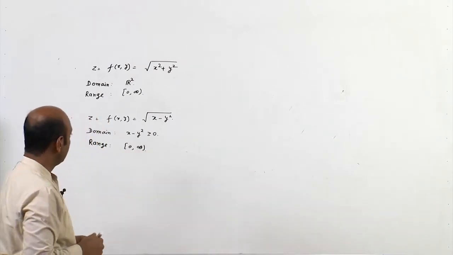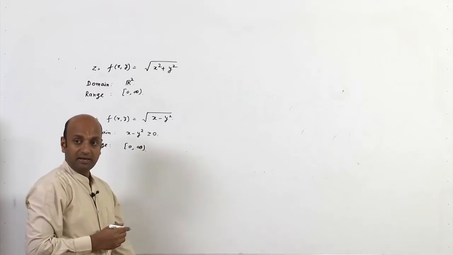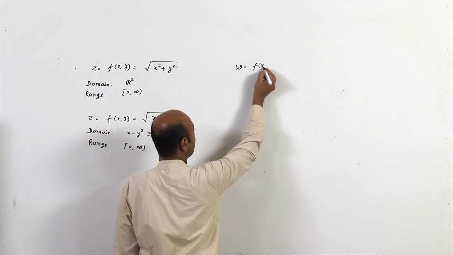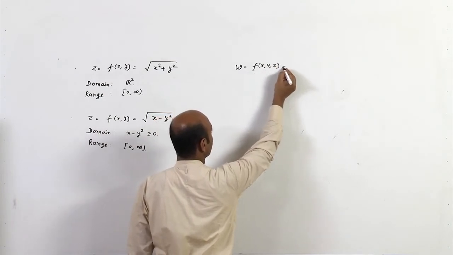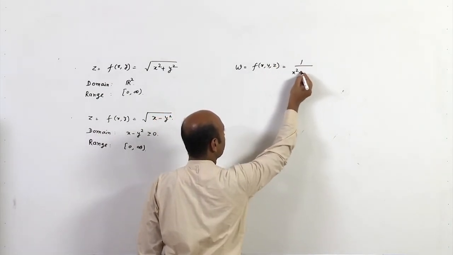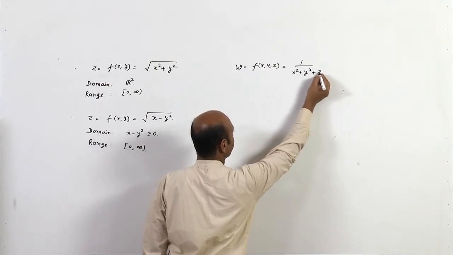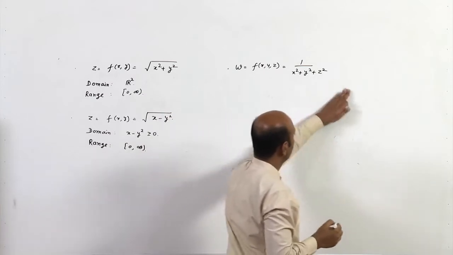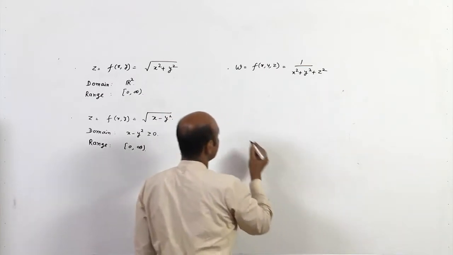Okay. Now, come to a 3 variable function. Suppose the function is w equals f(x, y, z) equals 1 upon x squared plus y squared plus z squared. Now, for this problem, of course, the denominator should not equal 0.